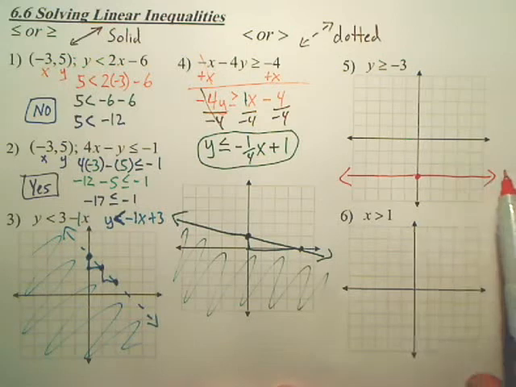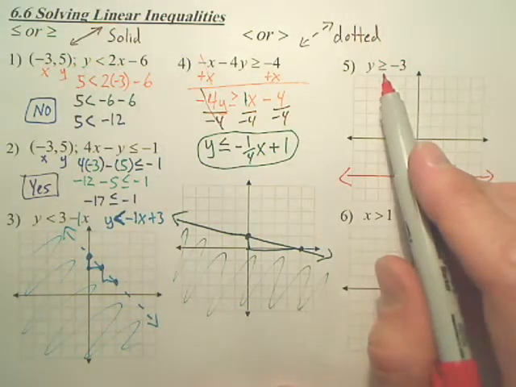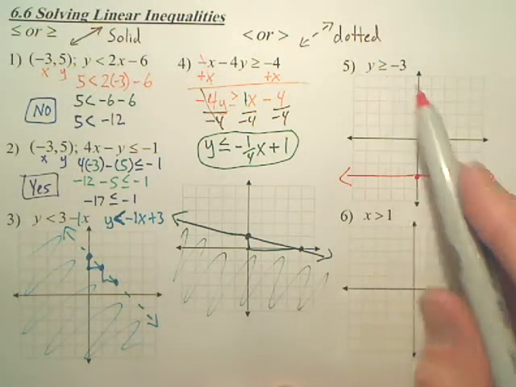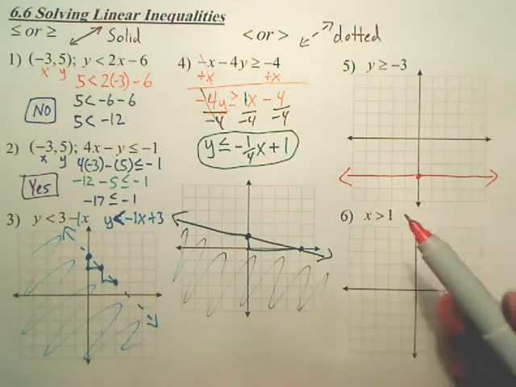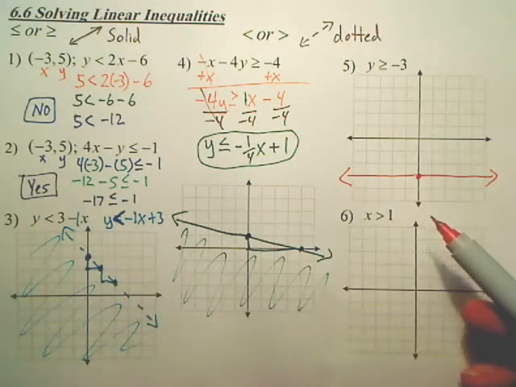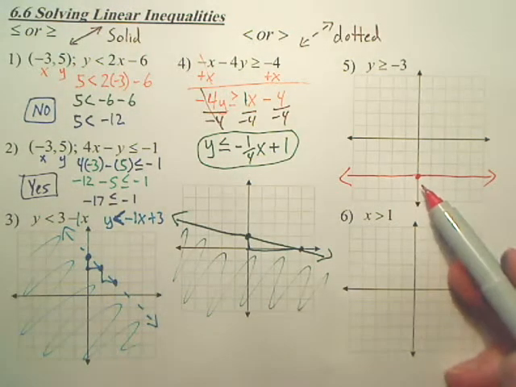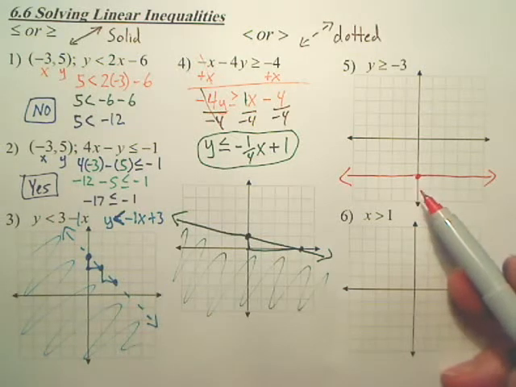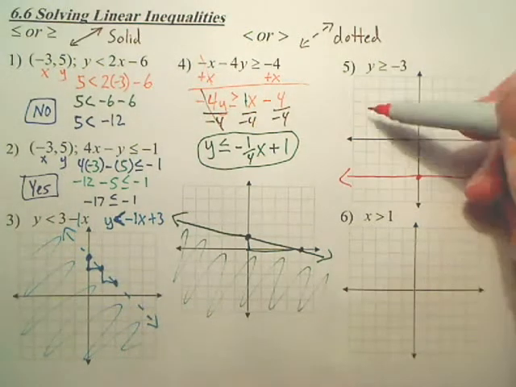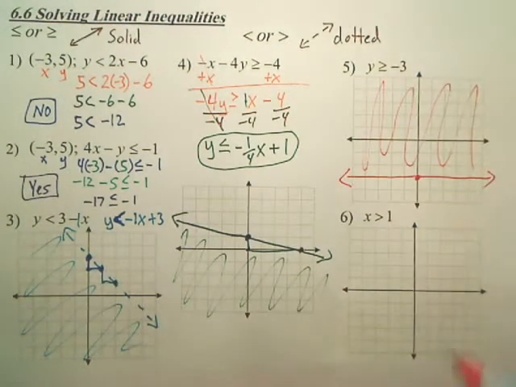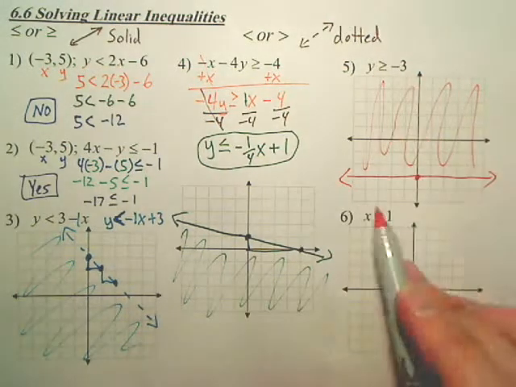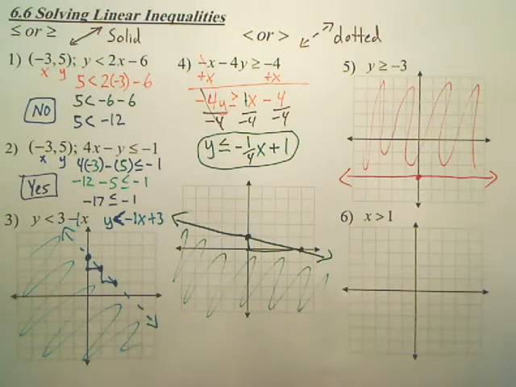Yes. Now, is this greater than or less than? It's greater, so this is pretty obvious. You don't need to worry about the hands. Which is the top of the red line? If you can't tell the top, something's wrong. Less than would be the bottom. It's pretty obvious, top and bottom of a horizontal line.